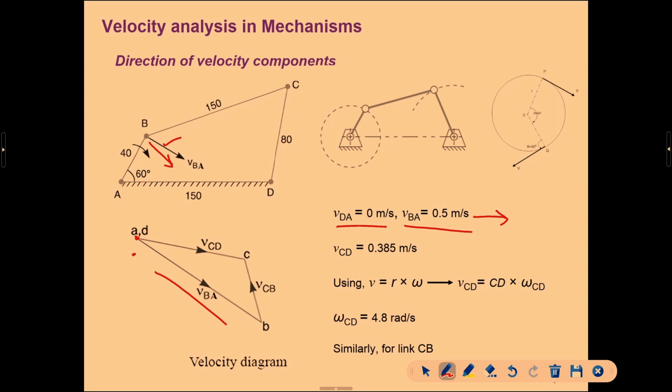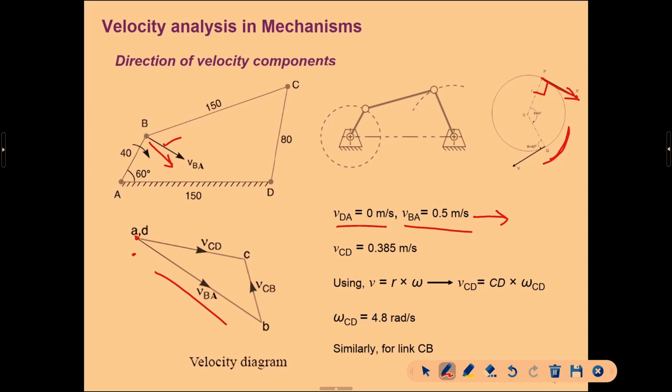So, it cannot be taken as linear velocity, it needs to be taken as angular velocity. It exhibits only angular velocity, it does not exhibit linear velocity. As we have seen, if a particle has angular velocity, its linear velocity will act tangential to the path or perpendicular to the link.